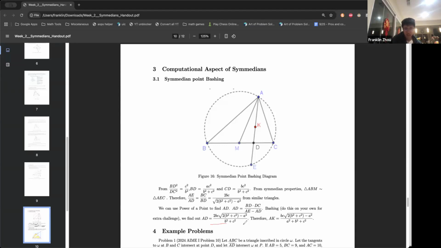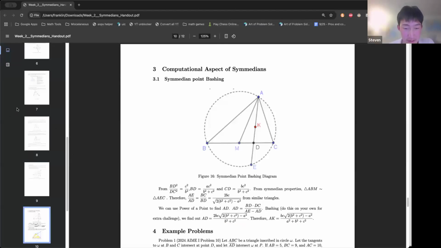As you can see from these expressions, they're not pretty, and I don't recommend you memorize these. If you really need to bash, I'd recommend starting from the top and just knowing the process, because that way you'll be able to derive it on the spot. I think it's a lot better than memorizing something like this, which is really easy to forget.